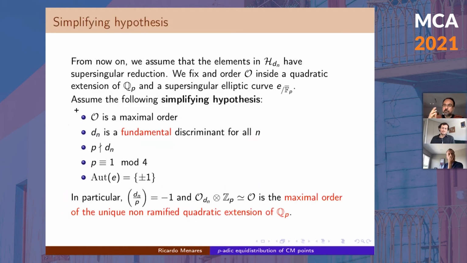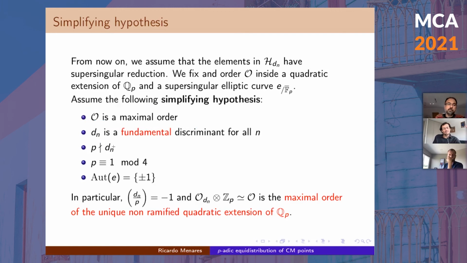Just to explain the idea, we will do some simplifications. We can assume that our completion is a maximal order inside a quadratic extension of Q_p, and that all discriminants are fundamental, like in Duke's theorem.